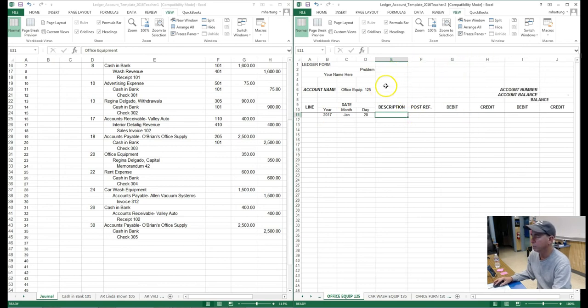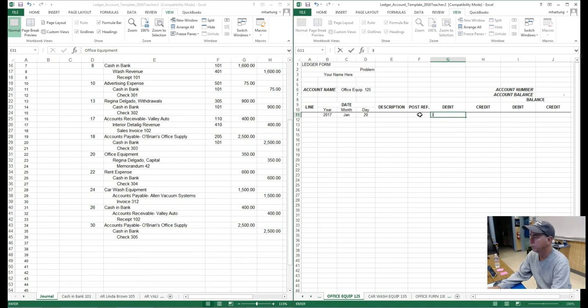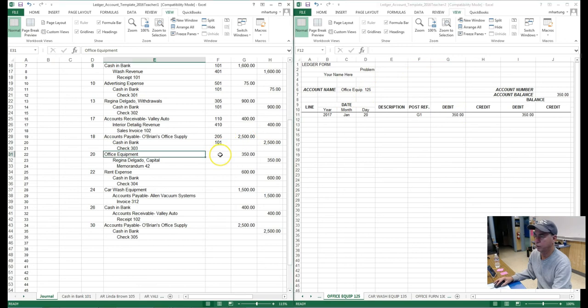Next problems we do, I'll see if I can set it up so that column's already smaller. That one can be a little smaller too. And that's a debit because we are increasing the amount of office equipment that we have. 350. Account 125.